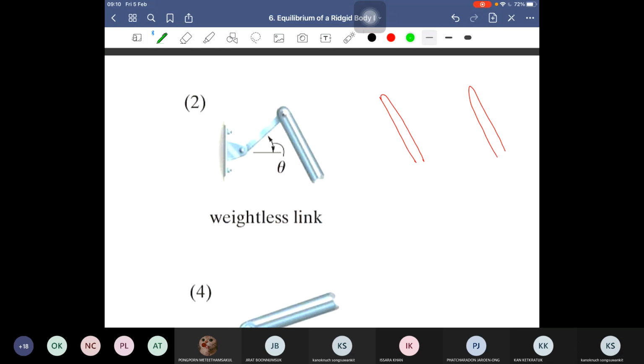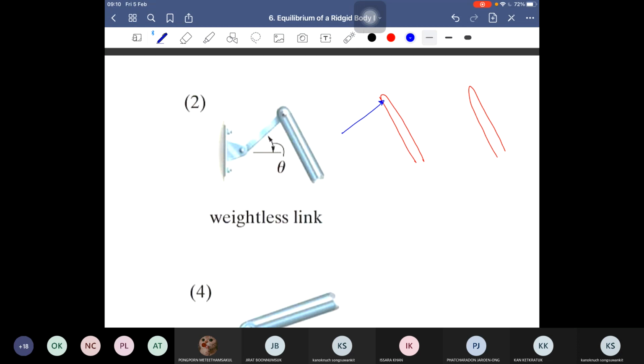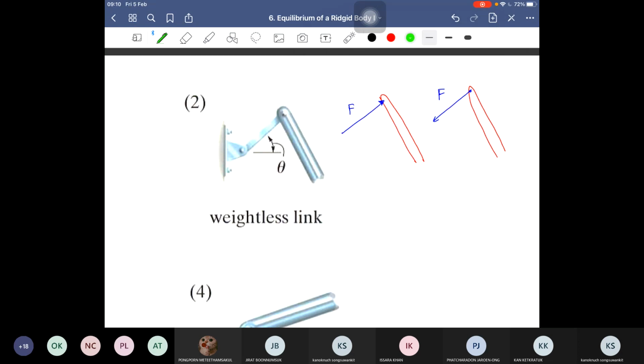As we said, it can be push or pull, so the direction of this force can be directed toward the link or directed out of the link. The angle between the force and the horizontal reference is theta.